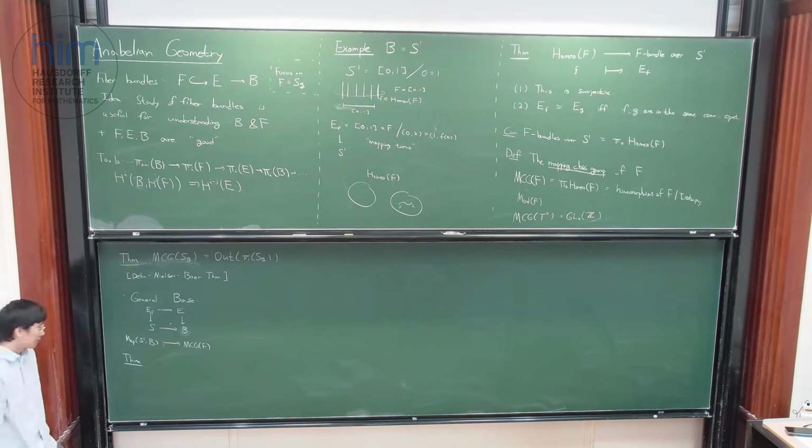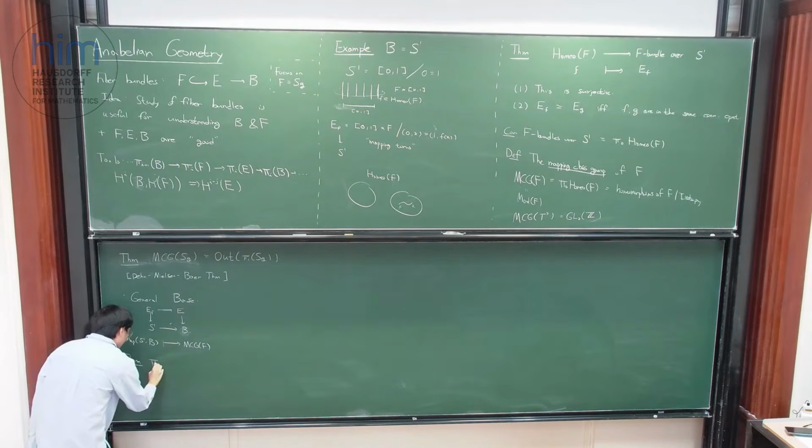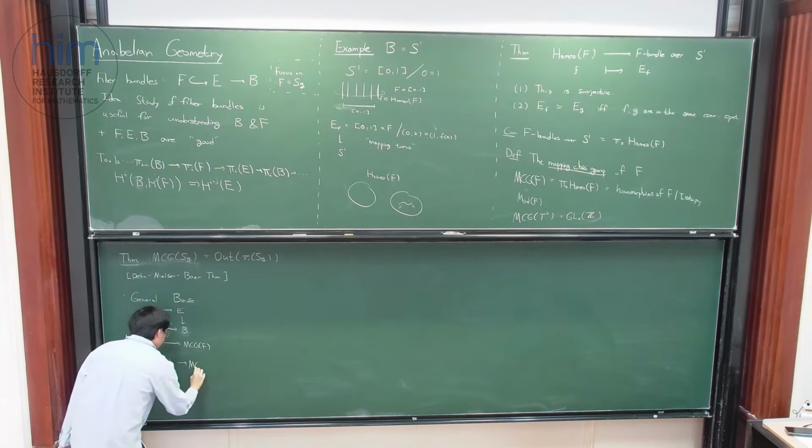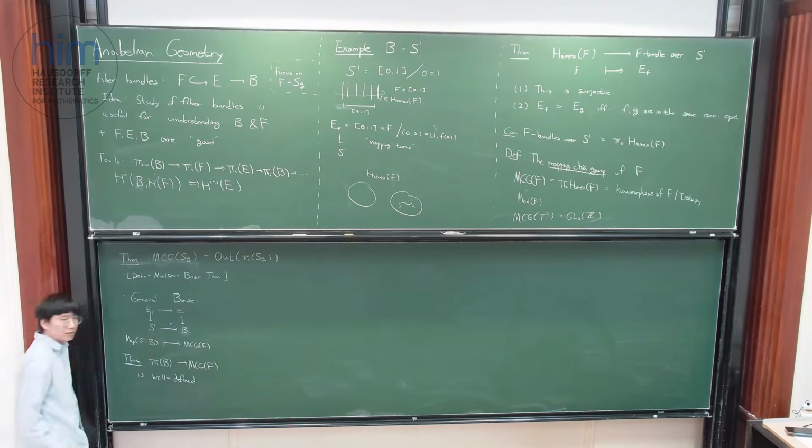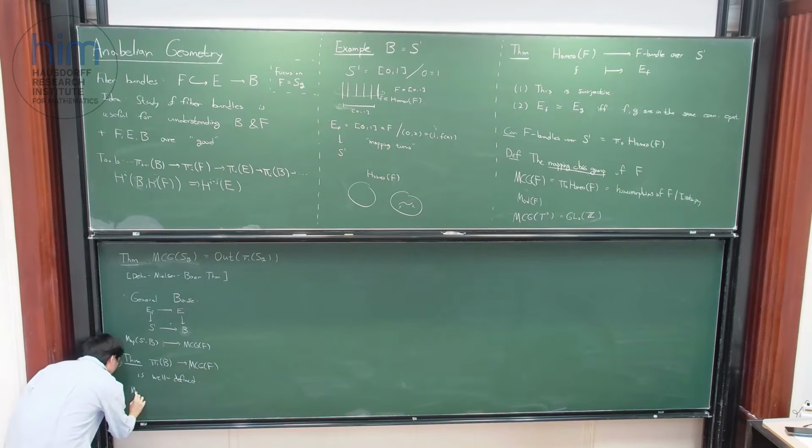So in particular, this defines a map from pi_1 of B to the mapping class group of F. I will call this the monodromy representation.